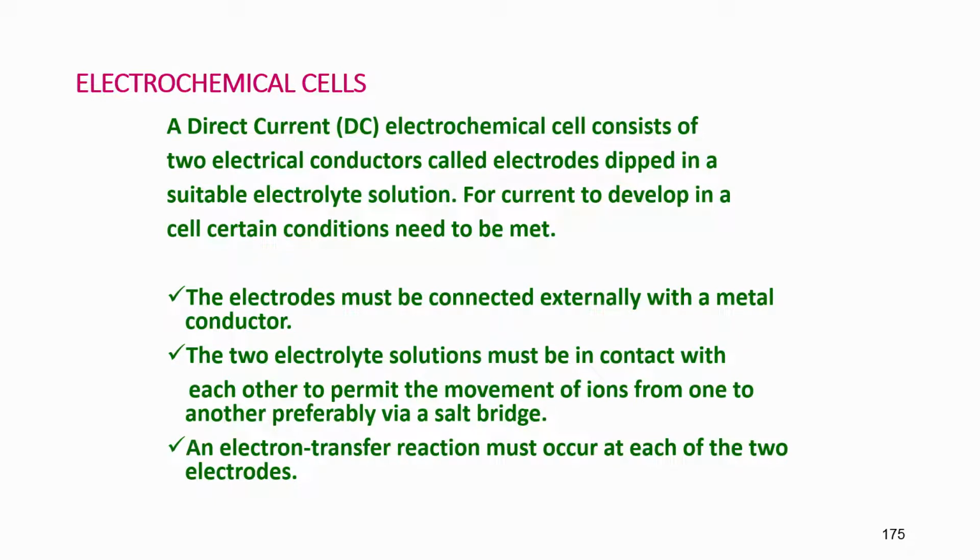For current to develop in a cell, certain conditions need to be met. The electrodes must be connected externally with a metal conductor, that is like any wire. This also you are familiar with now.